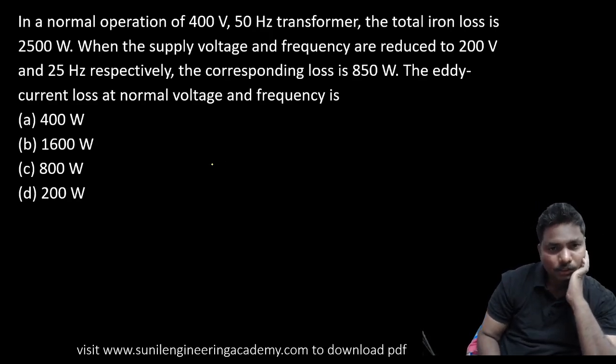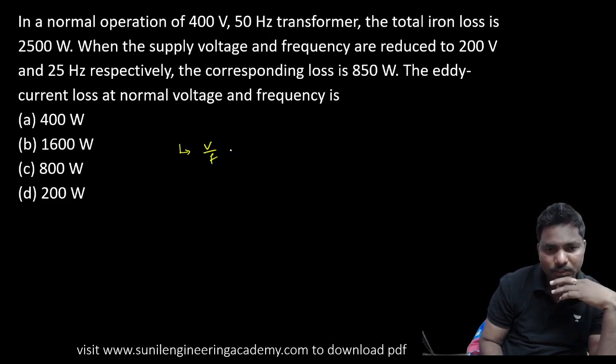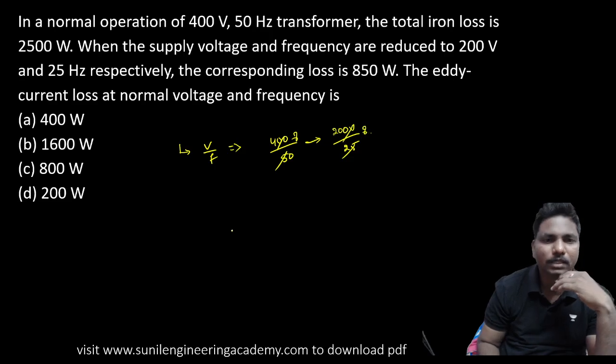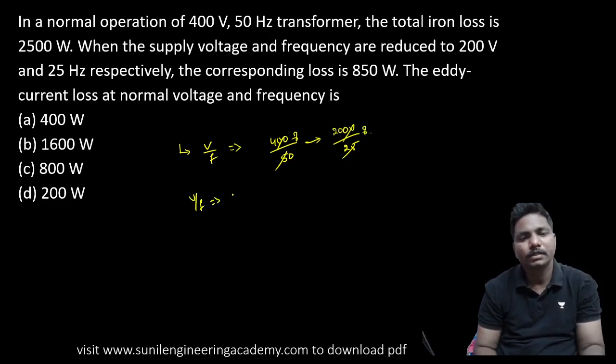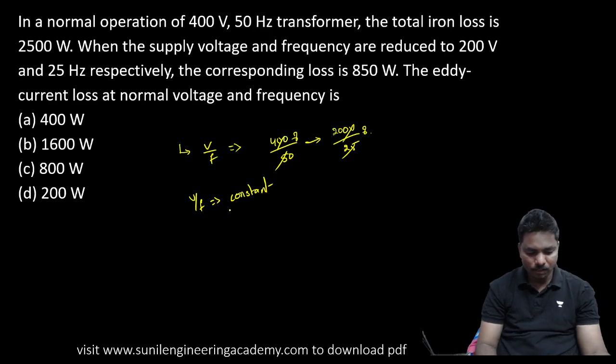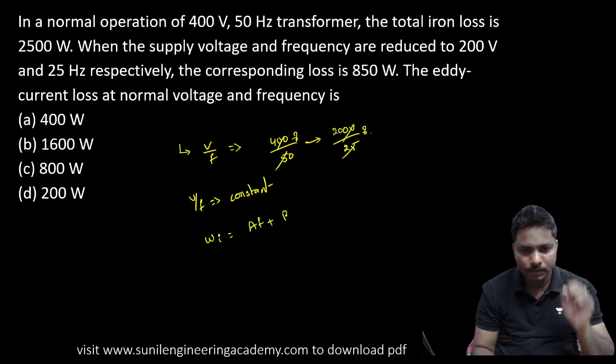Okay. So whenever they are asking eddy current or hysteresis, whatever it may be, we have to check whether the V by F ratio is constant or not. For the 400 volt 50 Hz transformer, when it is supplied with 200 volts at 25 Hz, V by F is constant. So whenever V by F is constant, the total iron losses are AF plus BF square.